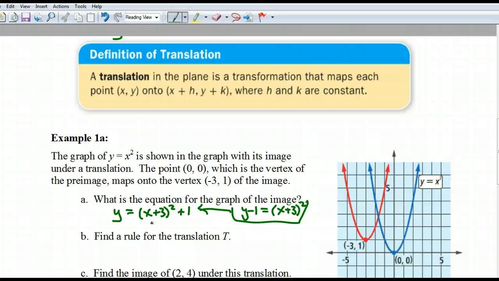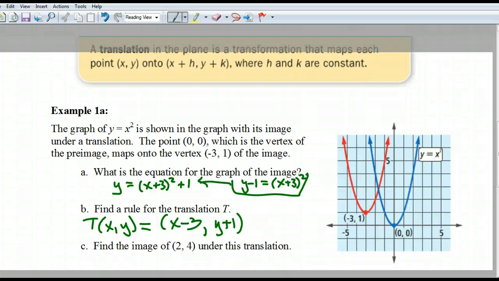Now it says find the rule for the translation. So that would be written (x, y) equals (x minus 3, y plus 1). Now it says find the image of (2, 4) under this translation.